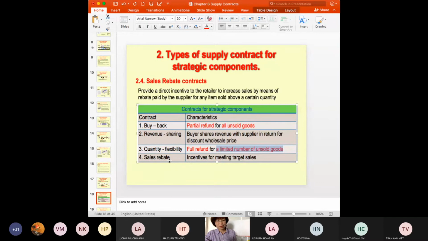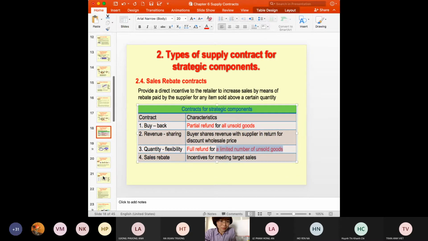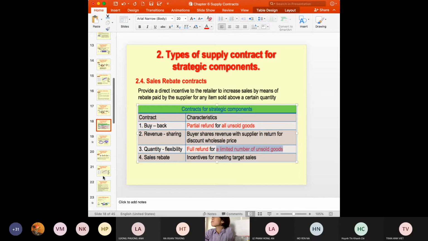Okay, that is sales rebate. Any questions for me? We just finished the 4 contracts. Any questions, everyone? Questions, just leave them in the chat box.